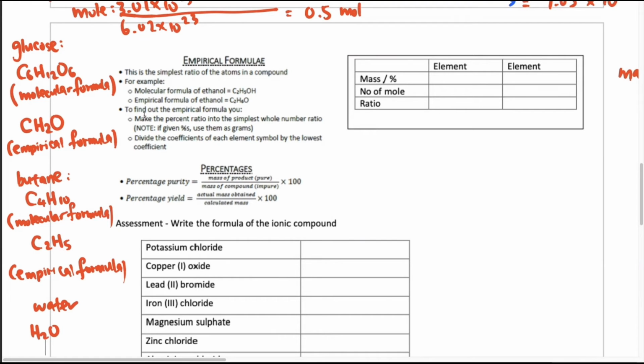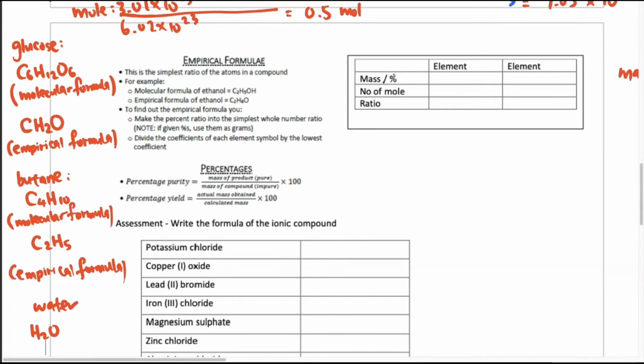Okay. Now to find out the empirical formula, you have to make the percent ratio into the simplest whole number ratio. And note, if given percentage, use them as grams. Okay, so for example, something like this. They give you the percentage of element X and element Y. So you have to take the percentage as mass straight away.